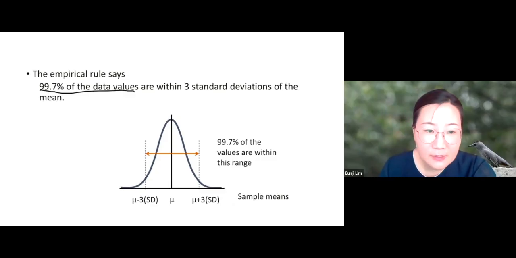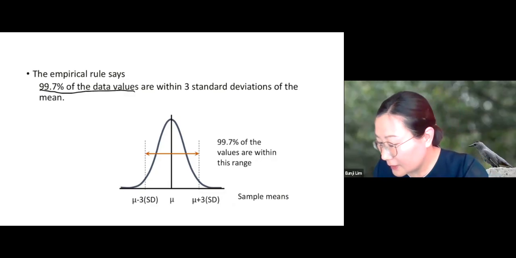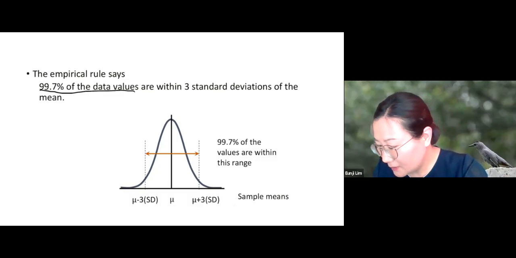So what do we mean by this? It means let's look at all the values that are within 3 standard deviations of the mean. So here is the mean, and here is the mean plus 3 times the standard deviation. This is the value that's above 3 standard deviations from the mean.